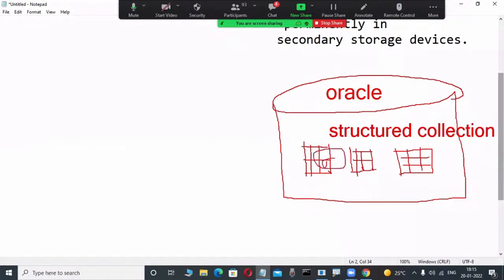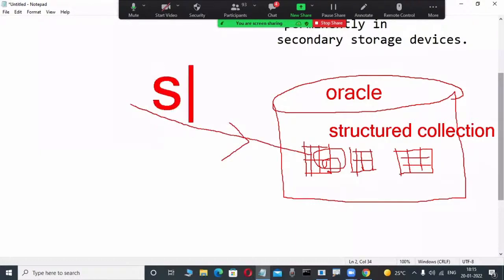Once we have a structured collection of data, we need a language to operate on it. Maybe anybody has an idea? SQL, structured query language. Through this language we operate on the structured data in relational databases.